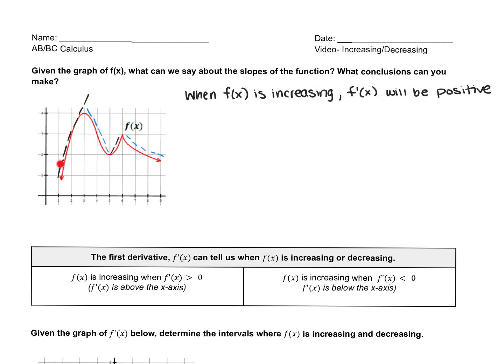So a positive slope of a tangent line means f prime will just be a positive value. The other conclusion that we can make is that when f of x, the original function, is decreasing, f prime of x, or the slope of those tangent lines, will be a negative value.